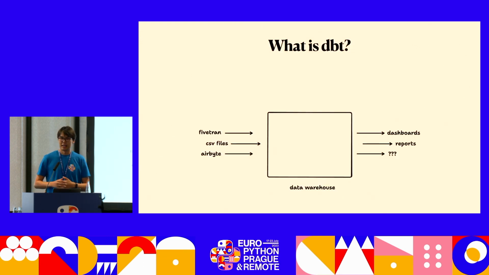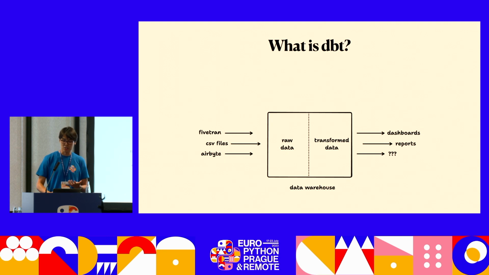Okay, so in a traditional setup with a data infrastructure, we have ETL pipelines. We extract, transform, and load into our data warehouse. But nowadays, compute and storage are separated. So storage is super cheap, so we can just dump everything into our data warehouse. And this means that we can just load all the raw data from all of our data pipelines straight into our data warehouse.